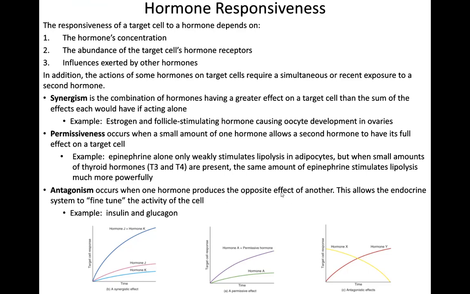So in other words, they oppose one another, like in the case of hormone X and hormone Y. Hormone Y, very little of it allows hormone X to produce a great response. But as hormone X diminishes, that enables hormone Y to produce a much stronger response. Okay. Examples of this are insulin and glucagon, both released by the same organ, the pancreas.